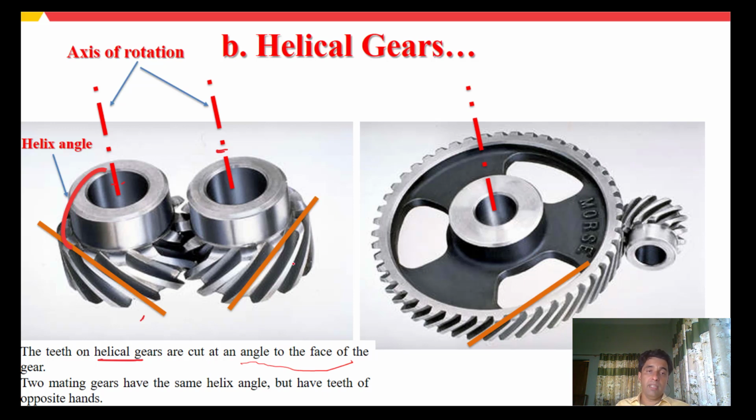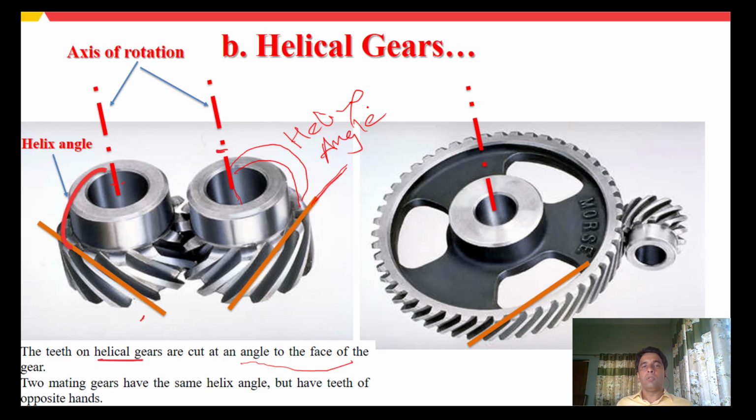So this is important, right? Now you can see in this photograph, these are the direction of the gear teeth, and this is the direction of axis. And I have shown here the helix angle. This is called the helix angle.